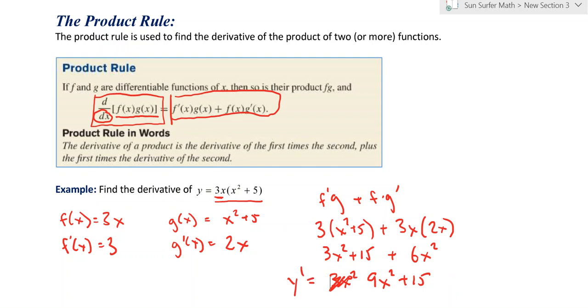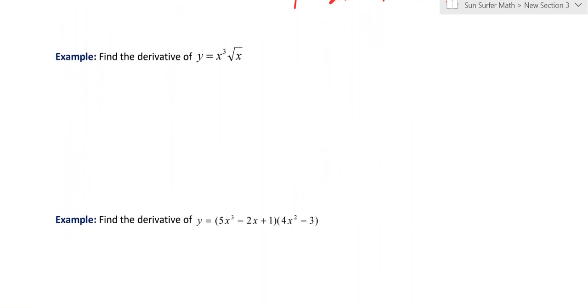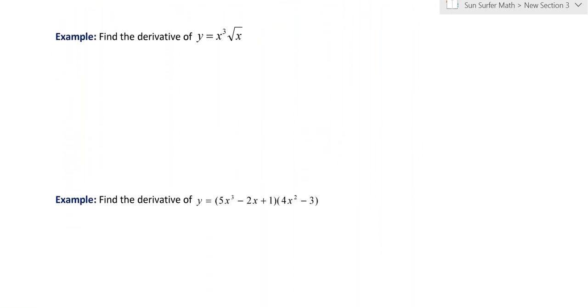Let's do another example. In this second example, we see that we have a product. x cubed is being multiplied by the square root of x. So therefore, I know I need to use the product rule. I'm going to let my first function, f of x, be equal to x cubed.